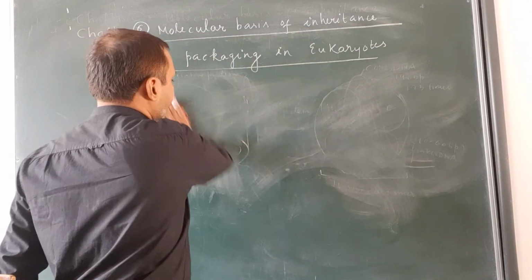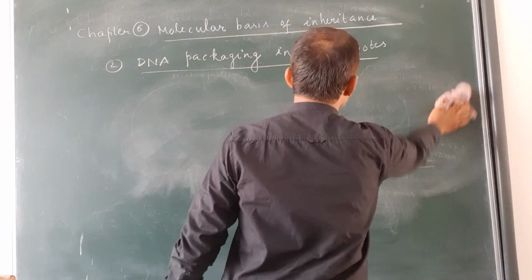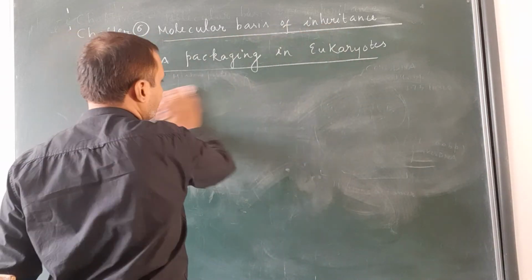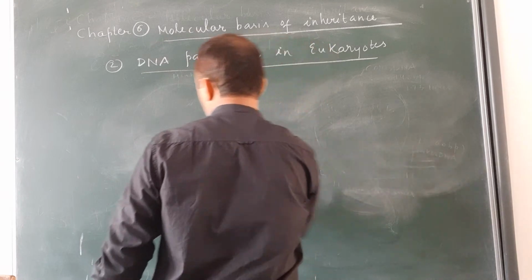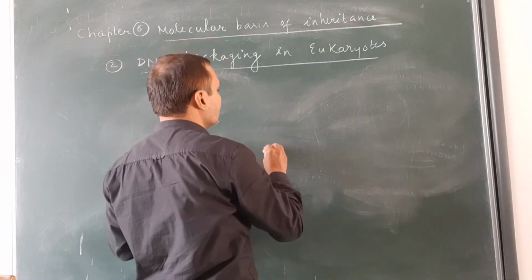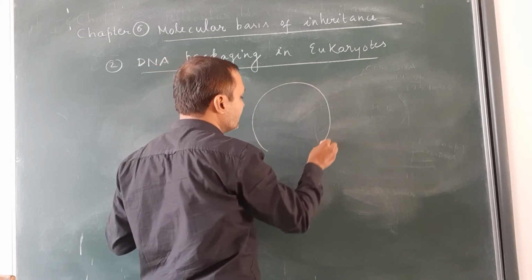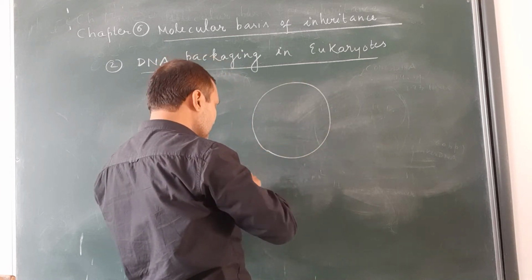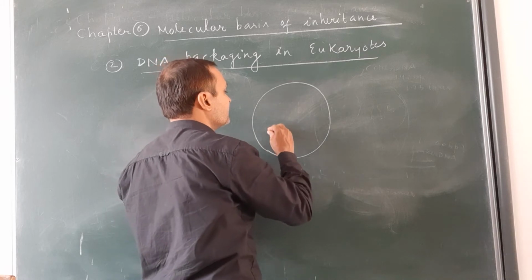What is chromatin? We have seen in class 11, in the cell division chapter, that there are various phases. Chromatin is the genetic material in non-dividing cells. Suppose this is the nucleus of the cell.